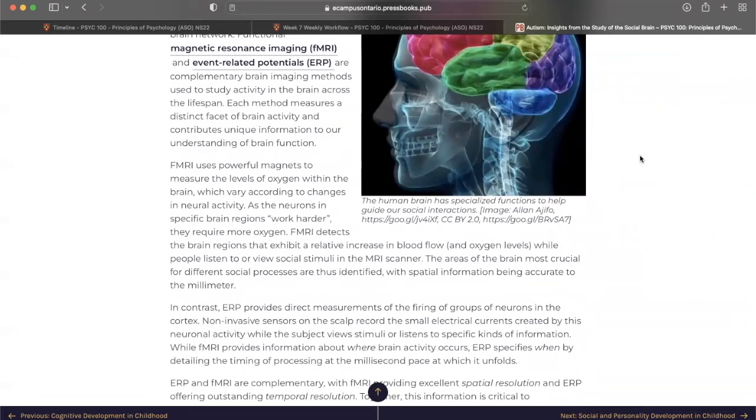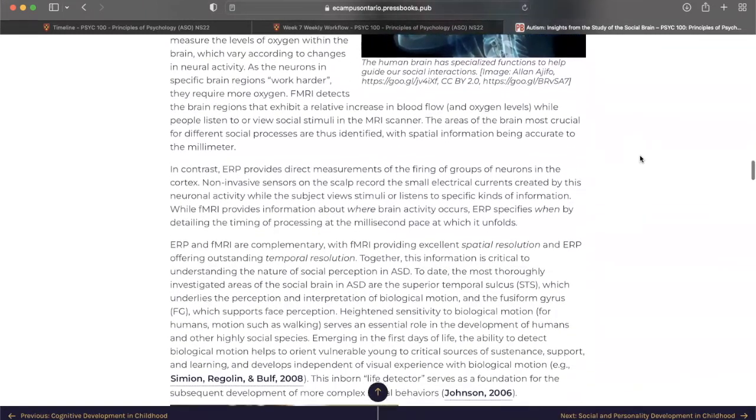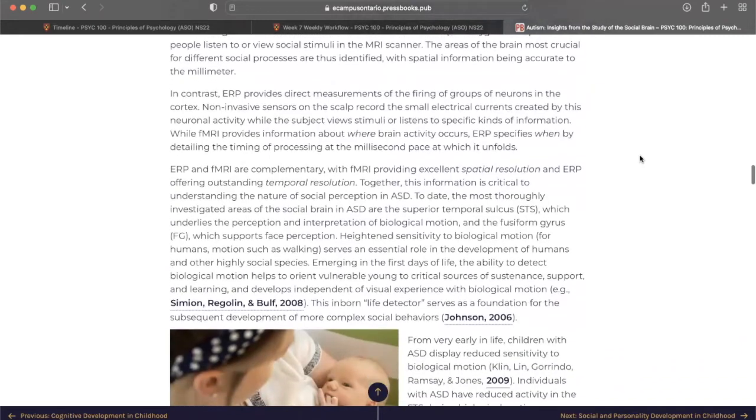the millimeter. In contrast, ERP provides direct measurement of the firing of groups of neurons in the cortex. Non-invasive sensors on the scalp record the small electrical currents created by this neural activity while the subject views stimuli or listens to specific kinds of information.